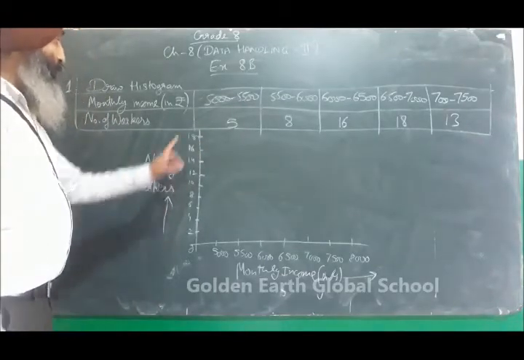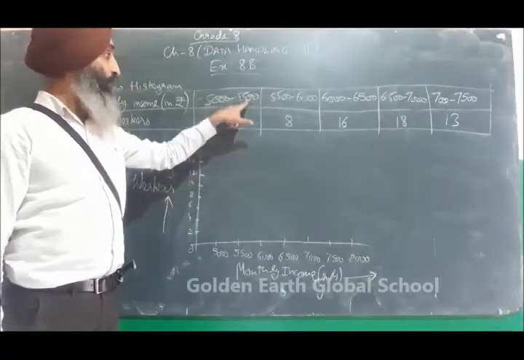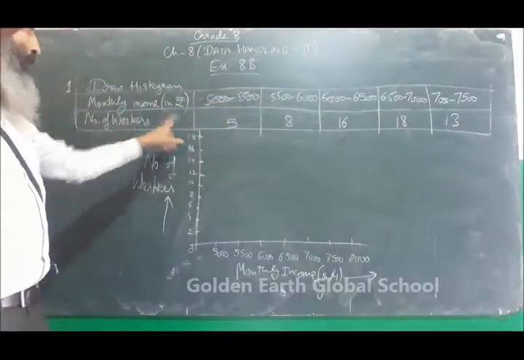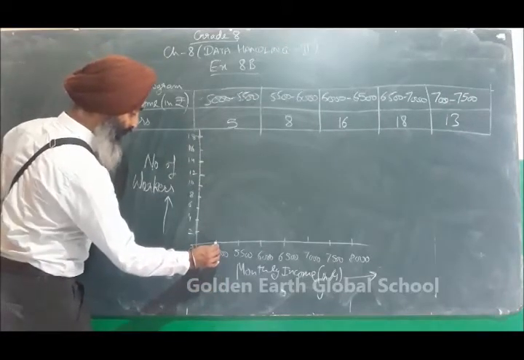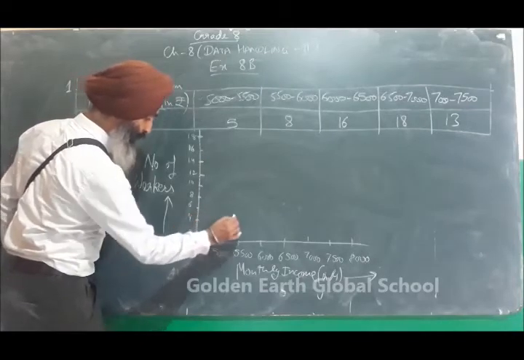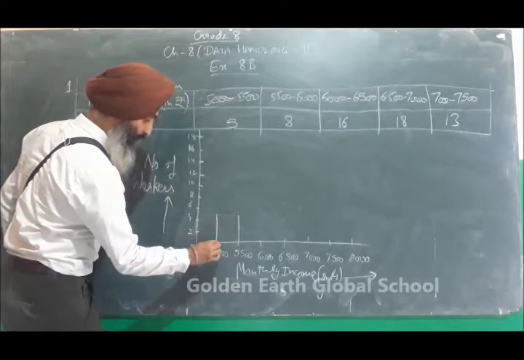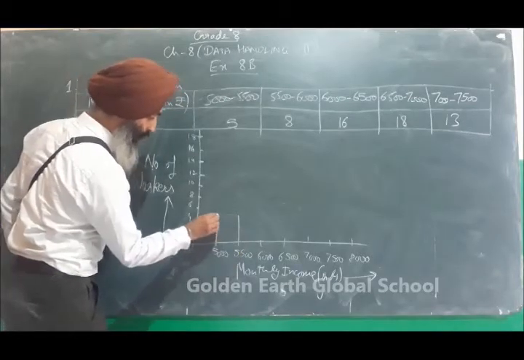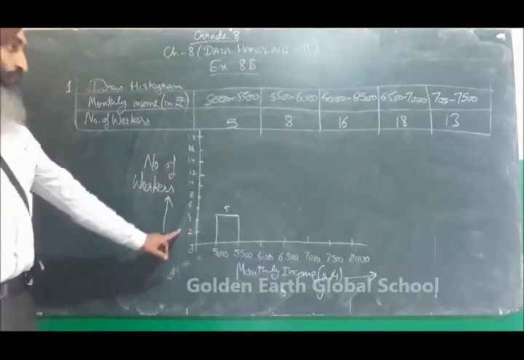Now the first class is 5000 to 5500. The number of workers is 5. So you will make the rectangle up to 5. 4 is there, 6 is there, so 5 is there. So make the rectangle from 5000 to 5500 up to 5 workers. Understood?